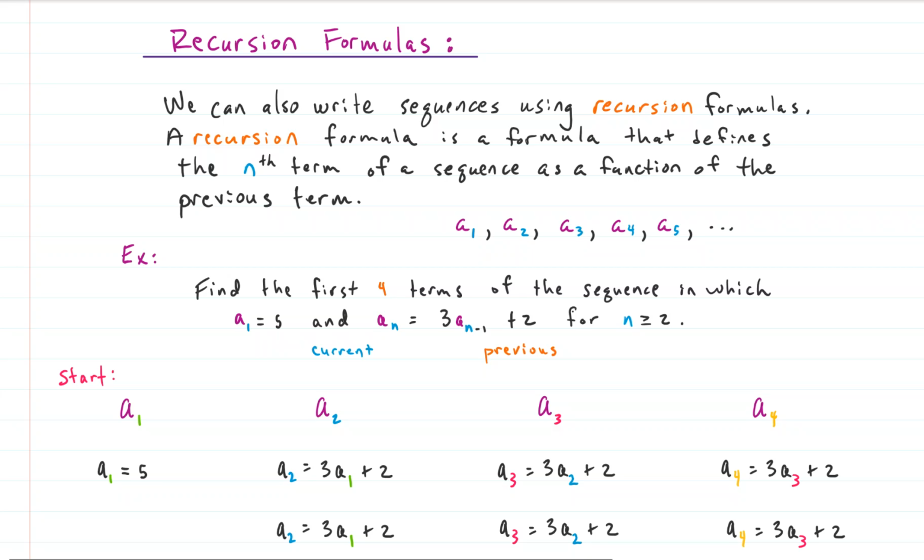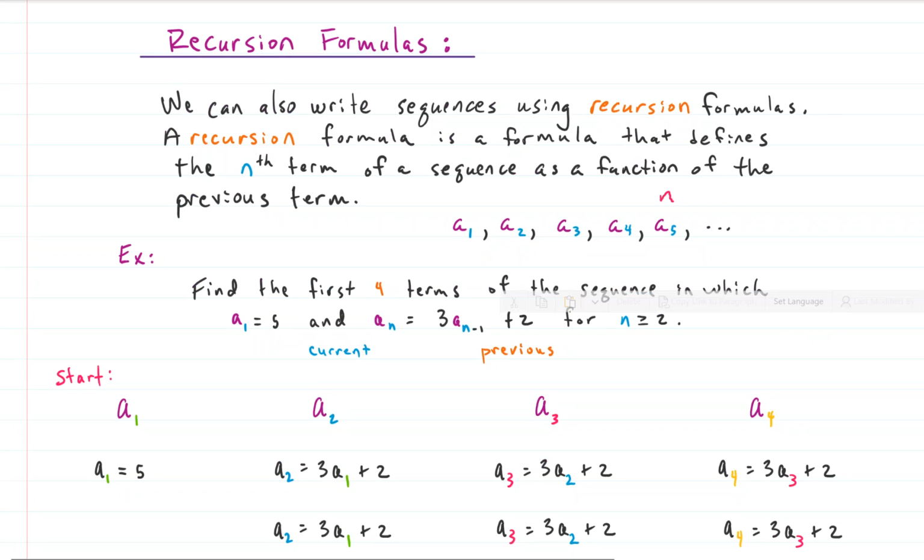If, for example, n happened to be 5, then n minus 1 would be 4, and n minus 2 would be 3, and n minus 3 would be 2, and so on.